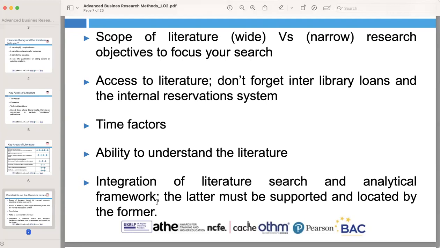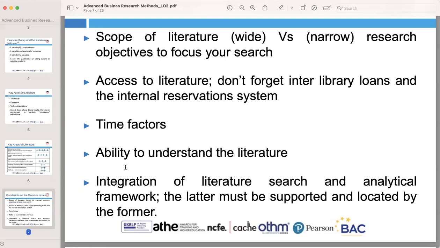So beside your institution's library, you can explore interlibrary loans, where you can borrow materials from other libraries. Then is time factors. Time is a significant constraint in any research project. The process of conducting a literature review can be time consuming due to the vast amount of information available.